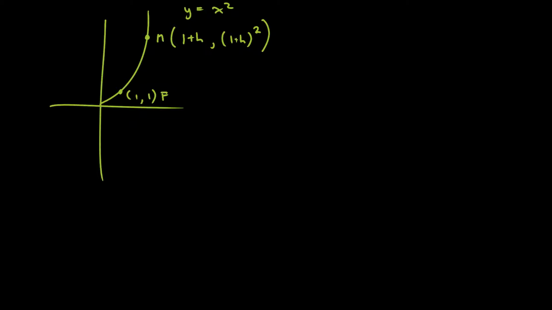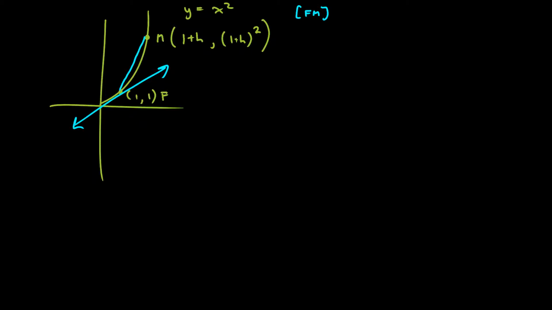Now the idea behind the limit theory is that I have two pieces: I have my tangent at point (1, 1), and then I have a segment, we'll call this segment FM. As of right now, these two, the segment FM and the tangent at point (1, 1), have very different slopes.